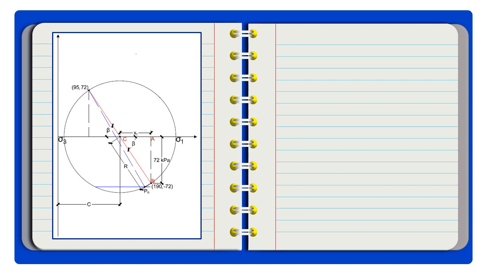Unahin natin yung minimum principal. Meron na tayong radius ng circle, so ibabawas lang natin yung distance na sigma c sa radius ng circle natin. So, for the minimum principal stress, sigma 3 is equal to sigma c minus r.